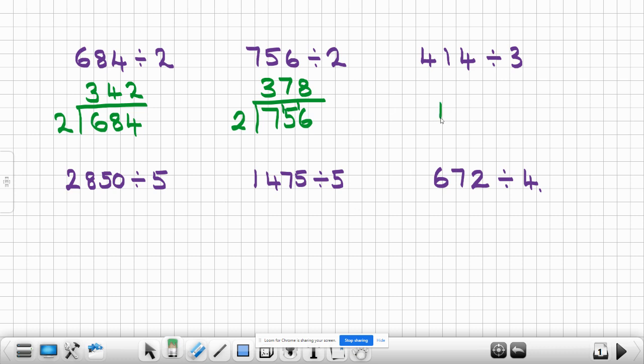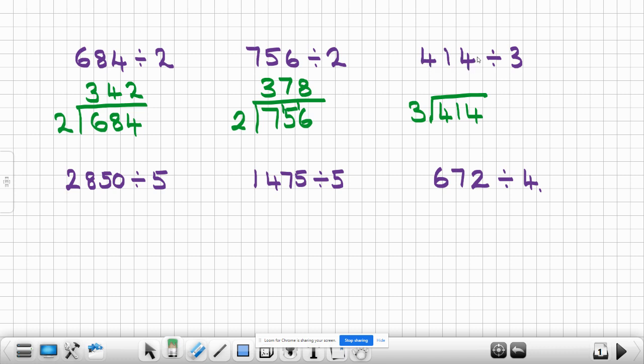Right, here we've got 414 divided by 3. Now, there's a nice little trick about when you're dividing by 3 and 9. If you look at these numbers, we've got 414, which is made up of a 4, a 1, and a 4.